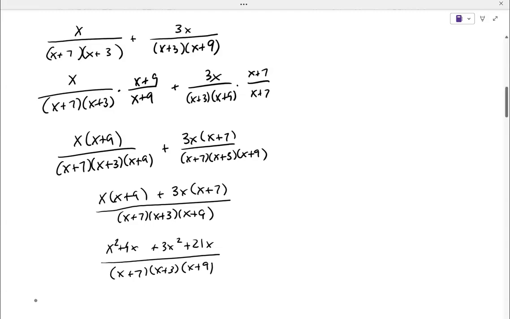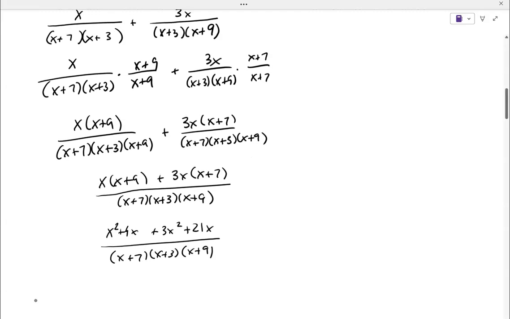Don't bother trying to multiply those three things together. Okay. And then do you see anything that simplifies on top? Any like terms we can combine? The 21x plus 9x gives you 30x, and then what else? Good. So we'll have 4x squared plus 30x over the x plus 7 times x plus 3 times x plus 9.